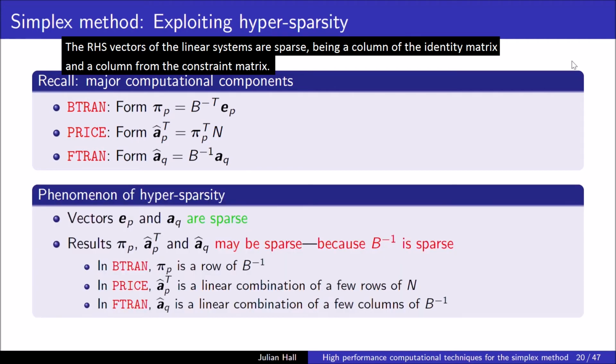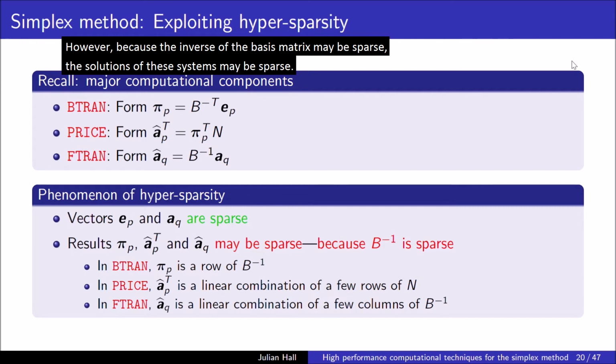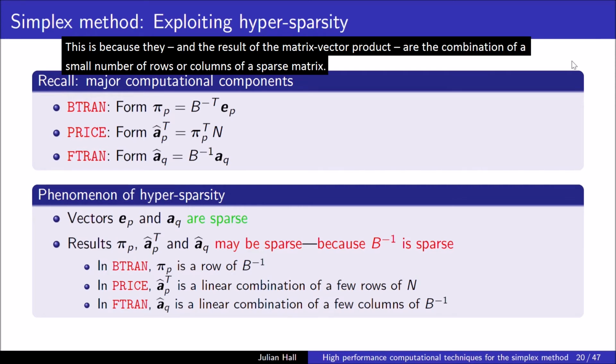The right-hand side vectors of the linear systems are sparse, being a column of the identity matrix and a column from the constraint matrix. However, because the inverse of the basis matrix may be sparse, the solutions of these systems may be sparse. This is because they, and the result of the matrix vector product, are the combination of a small number of rows or columns of a sparse matrix.